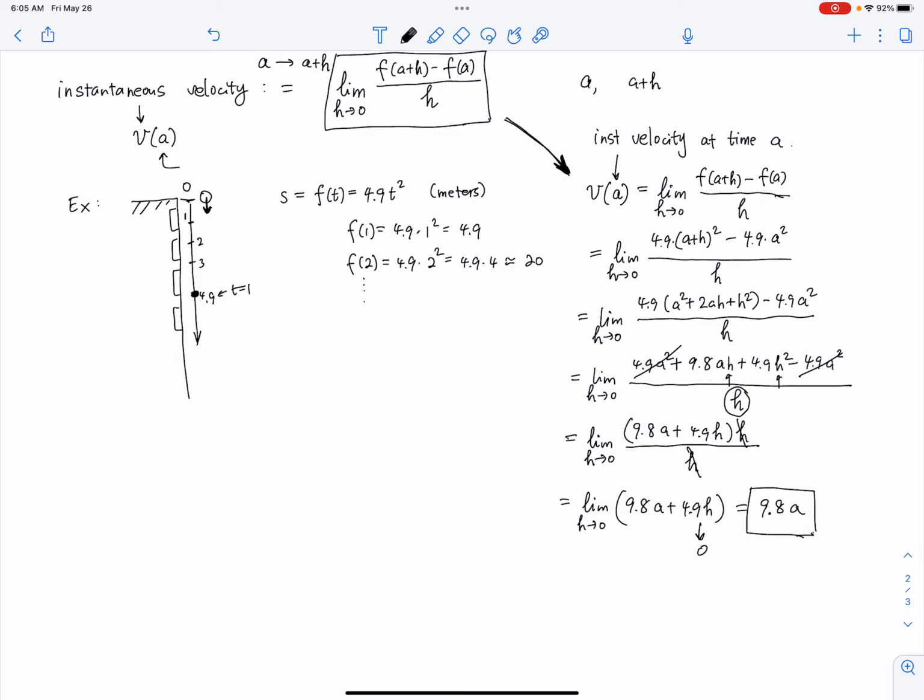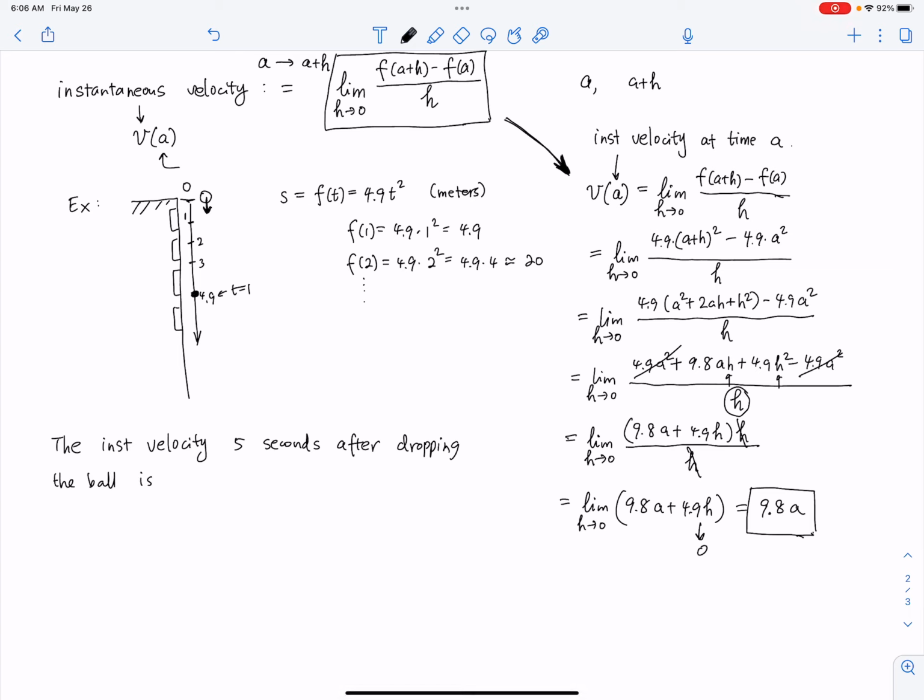Now you can see that if you want to do any time, say 1 second after you drop the ball, or 20 seconds after you drop the ball, so the instantaneous velocity after 5 seconds after dropping the ball, right?